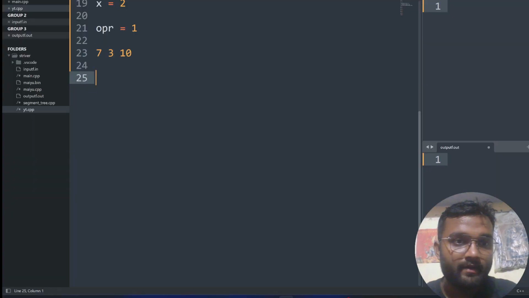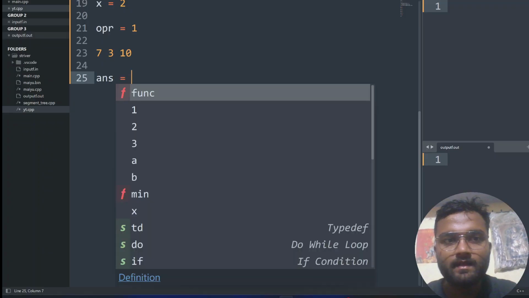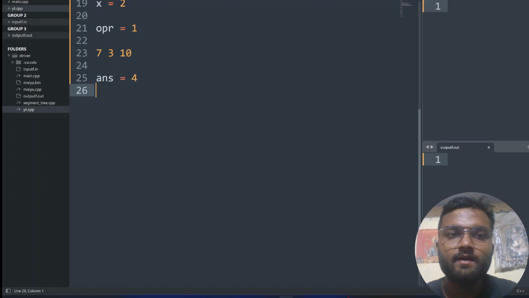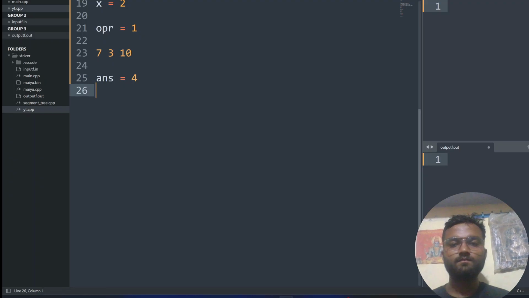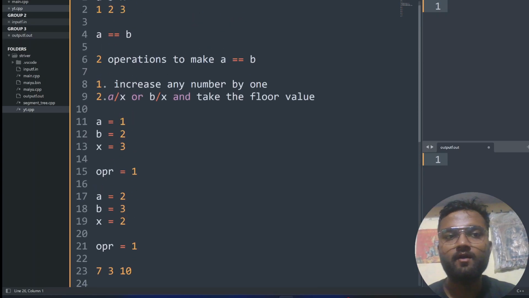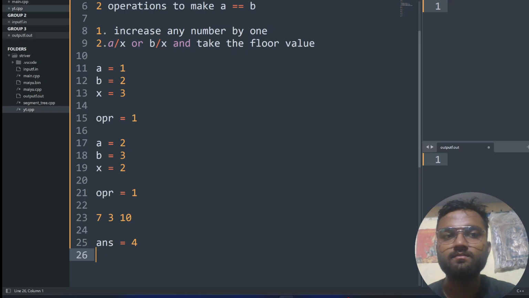So one answer can be 4 operations, but we have to minimize.